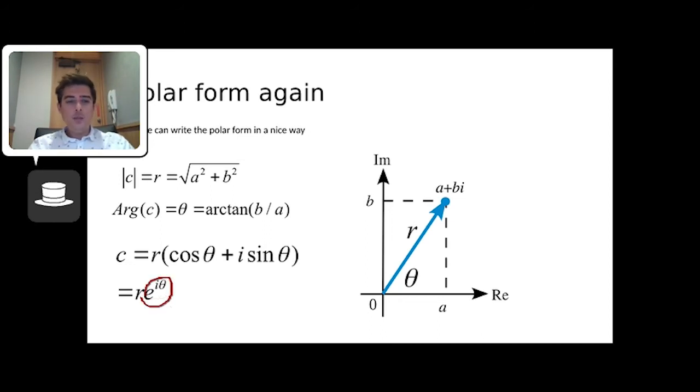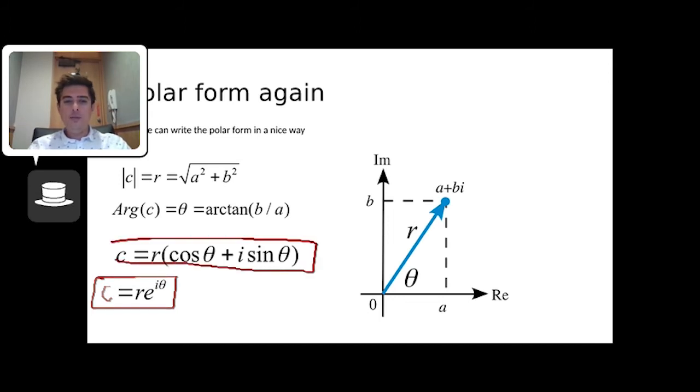This is essentially the final form of how you rewrite the complex number in terms of r and theta. These are equivalent, so you can write it the other way too, but this is a little bit more compact, and we'll encounter this way of writing it later on.